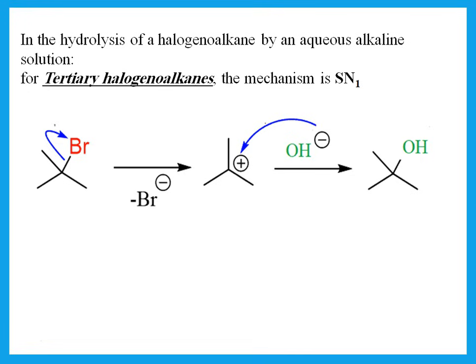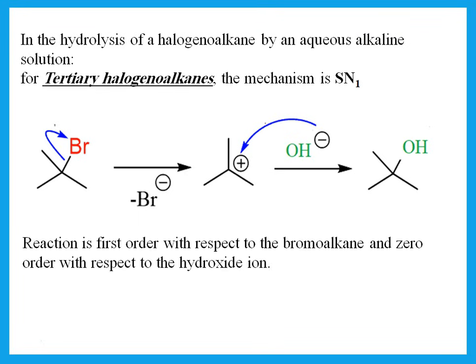Now, this kind of reaction is called SN1, nucleophilic substitution involving one reactant. So my first step involves only one reactant in which the halogenoalkane loses the halogen.